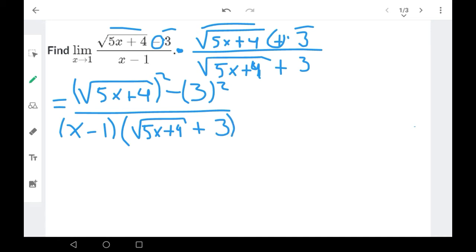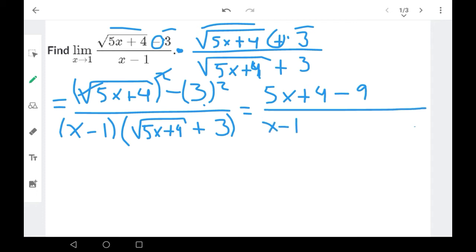So here what I can do is cancel the square root with the power. So I will end up with this 5x plus 4, and this is 3, so this is 3 squared, so that would be minus 9 divided by x minus 1 times the square root of 5x plus 4 plus 3, right? That would be the expression that I have.